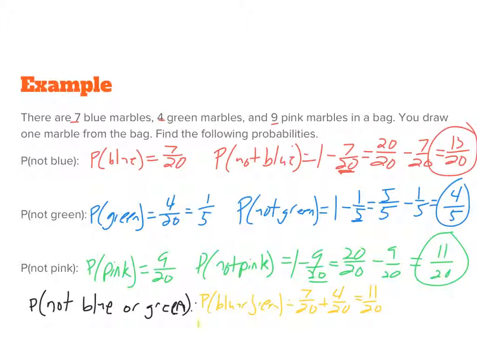So from there, to find the probability of not blue or green, I take 1 minus the probability of blue or green, which is 11 over 20. Rewrite the 1 as a fraction with the same denominator, so I'm going to use 20 over 20 minus 11 over 20, and that's going to get me a final answer of 9 over 20. So that is possible to have more than one color that we're looking to not have happen.